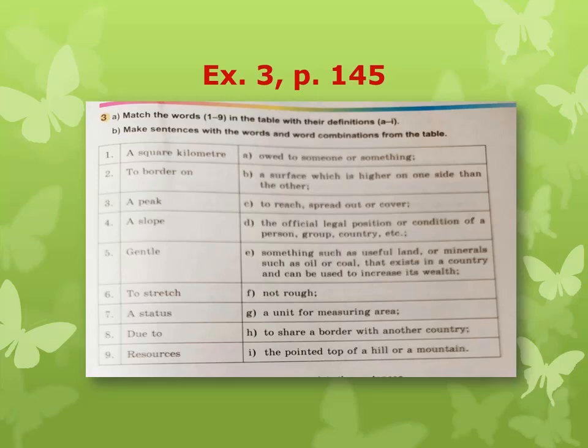D. The official legal position or condition of a person, group, country, etc. E. Something such as useful land or minerals such as oil or coal that exists in a country and can be used to increase its wealth. F. Not rough. G. A unit for measuring area. H. To share or border with another country. I. The pointed top of a hill or a mountain.